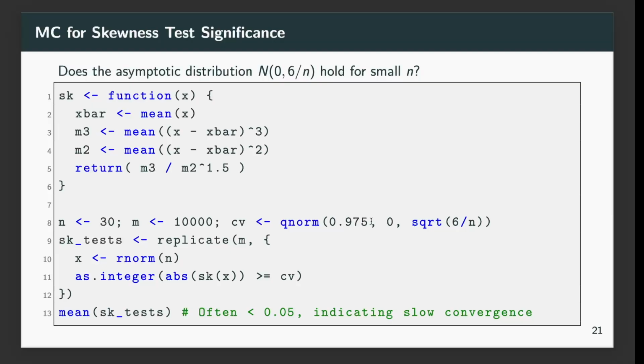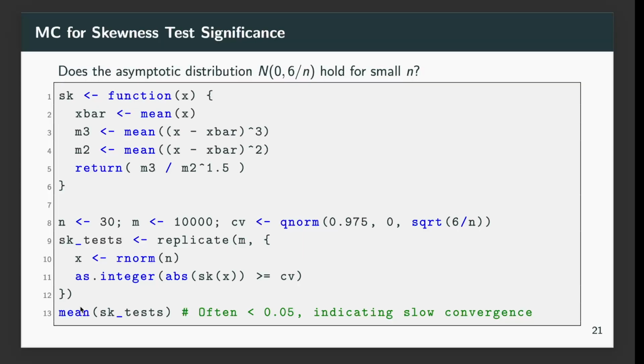So we expect, at the alpha of 0.05 divided by 2, with the mean of 0 and standard deviation of square root of 6 divided by n. Next we replicate, and for each x we generate 30 samples, and then we take the indicator of the absolute value of the sample skewness of x exceeding the critical value, and finally we compute the mean.